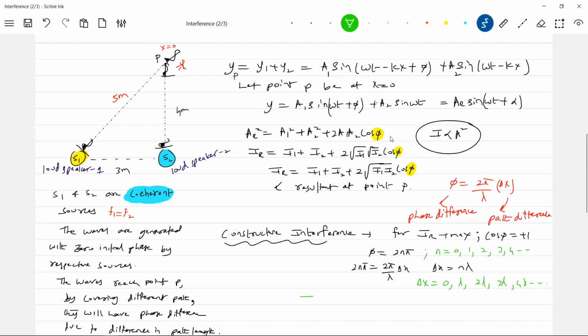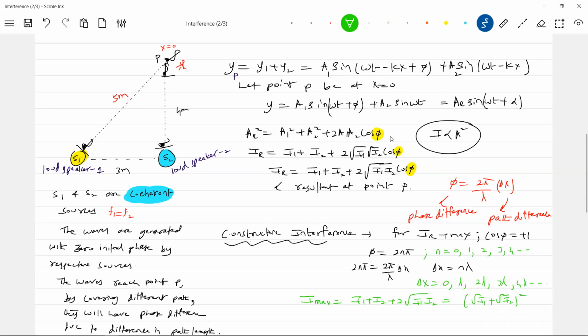Then what is the expression for maximum intensity? Cos phi equals 1. If you write it, this will be I1 plus I2 plus 2 root I1 I2. Am I right? The maximum intensity will be root I1 plus root I2 whole square.